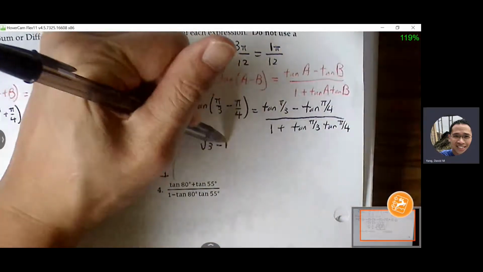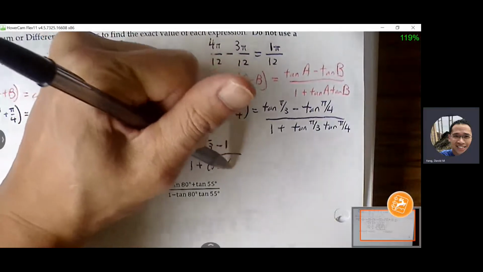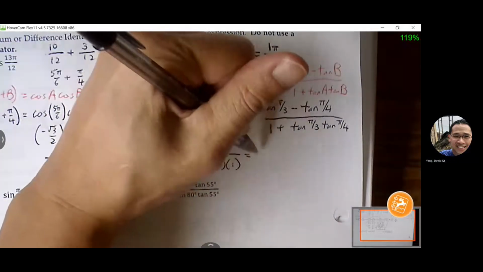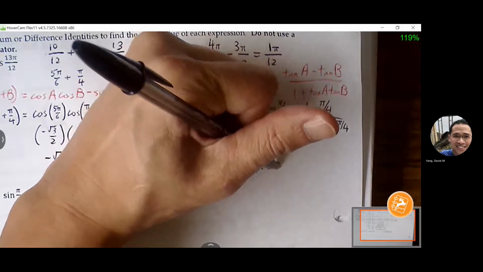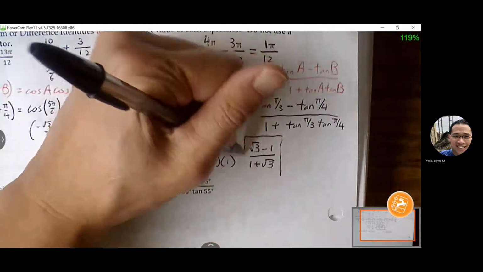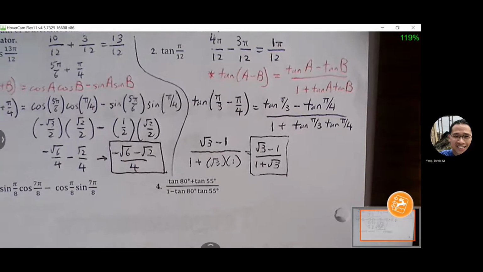Just 1. 1 plus root 3 times 1. Okay. Questions with 2?